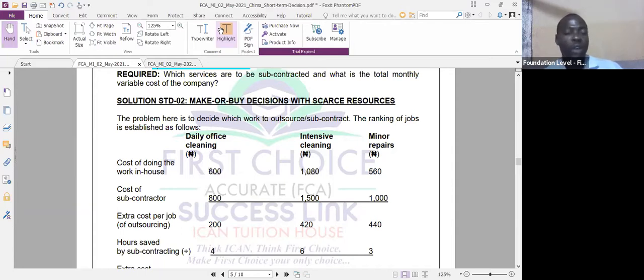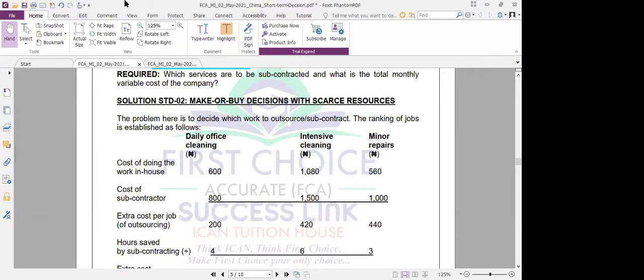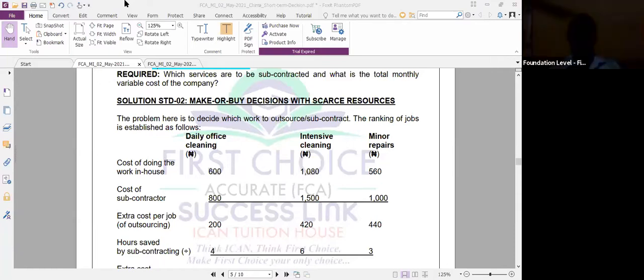What about hiring a subcontractor? Wow, the subcontractor's price is higher than the price of doing it in-house. And so, at a glance, someone might be tempted to say, why don't we take the job and do it in-house?